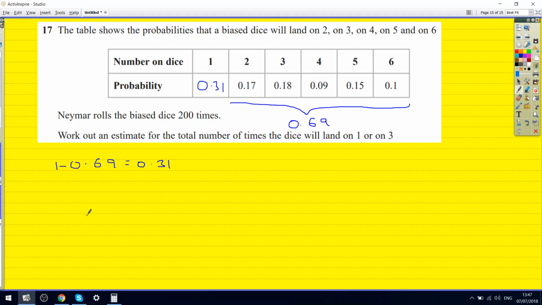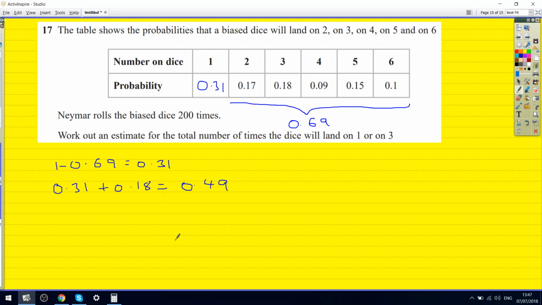It's a weird dice. Or you could add 1 and 3, so 0.31 and 0.18, maybe. 0.31 plus 0.18, 0.49, is it? Yeah. Okay. So that's the probability of 1 or 3.